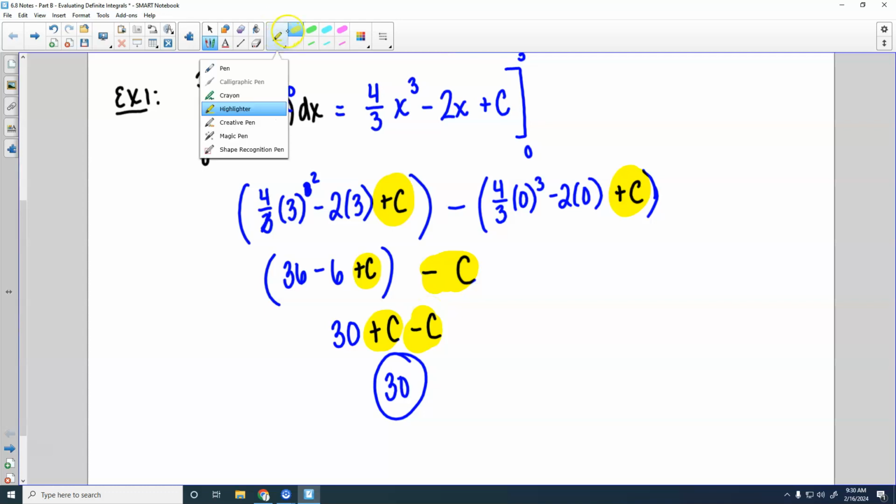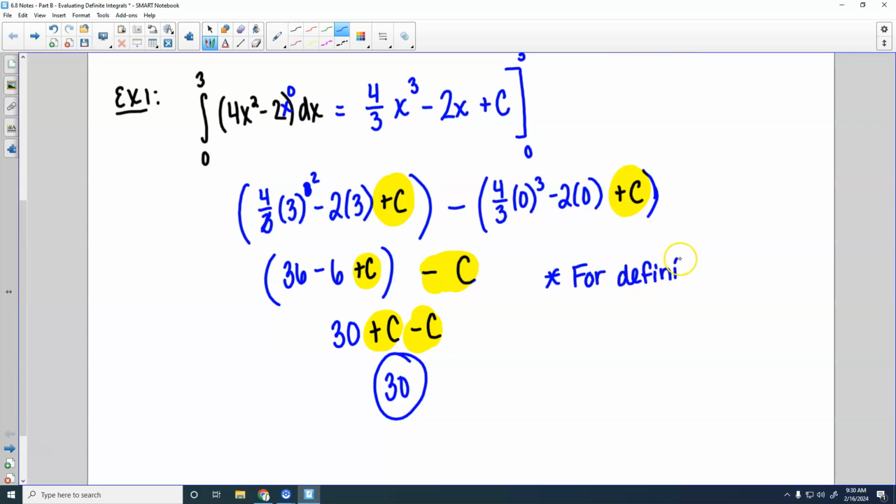So, I did this on the first problem just to emphasize that, but for definite intervals, and definite intervals are the ones that have numbers here. So it's like the integral from 0 to 3 of f of x dx, instead of just the integral with no numbers there, right?